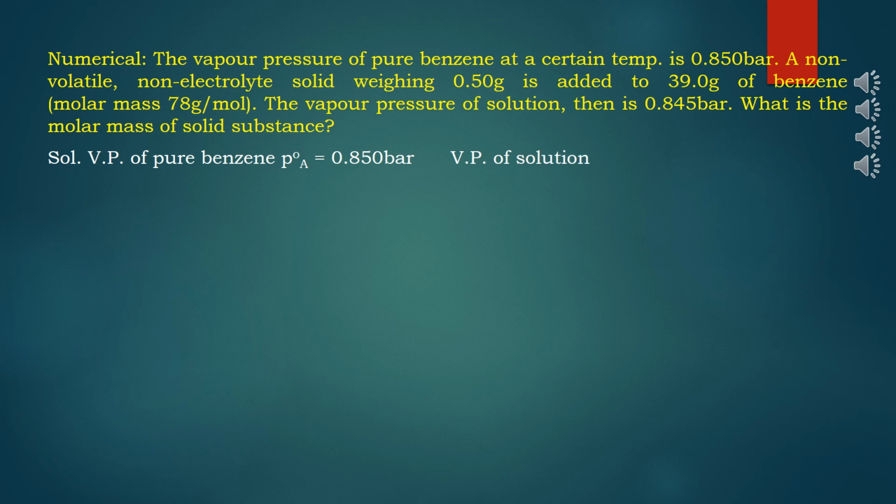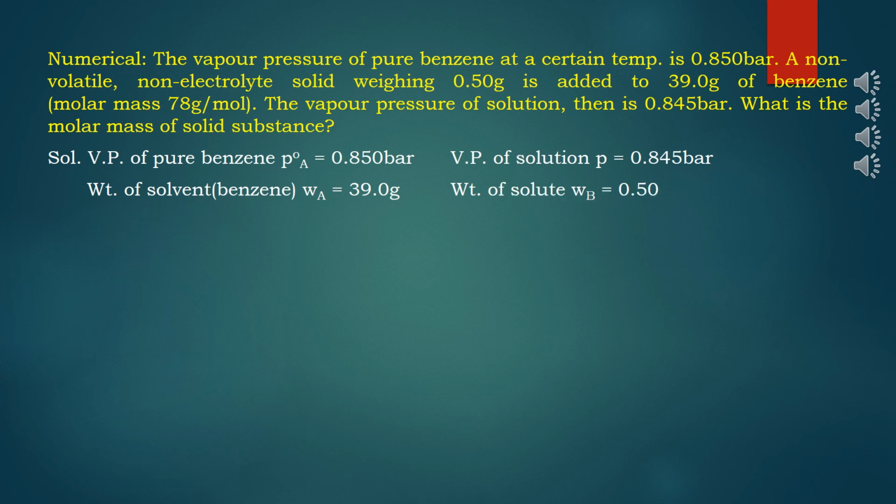Vapor pressure of solution after mixing, P, is equal to 0.845 bar. Weight of solvent benzene, Wa, is also given, 39 gram. Weight of solute, Wb, is equal to 0.50 gram, which is also given. Molecular mass of benzene is also given, that is 78 gram per mole.